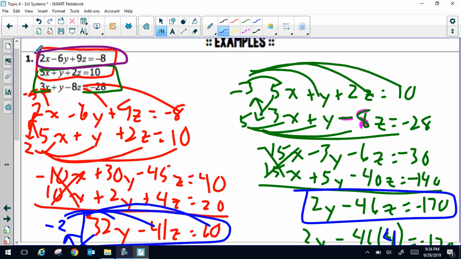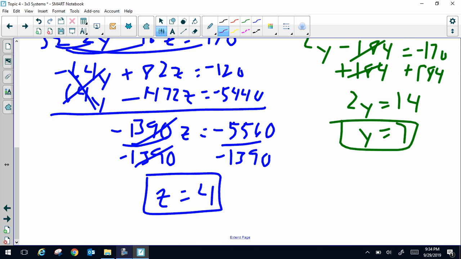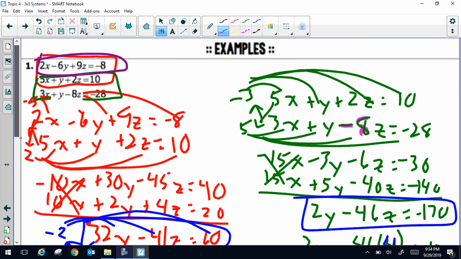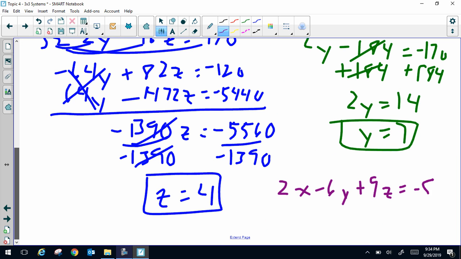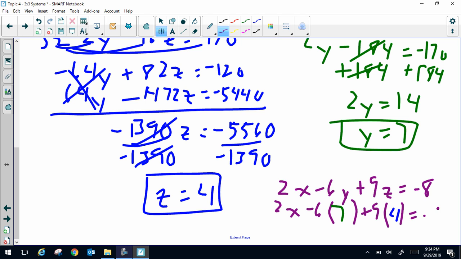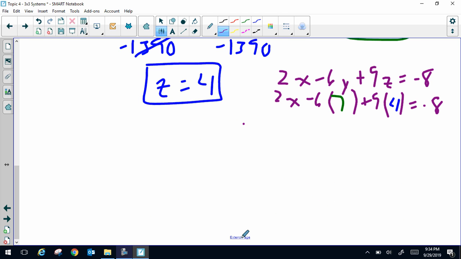which is 2x minus 6y plus 9z, and it equaled -8. So you know your y now. Your y is 7. You know your z was 4. So 2x minus 42 plus 36 equals -8.